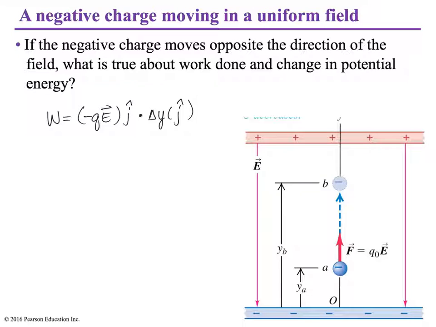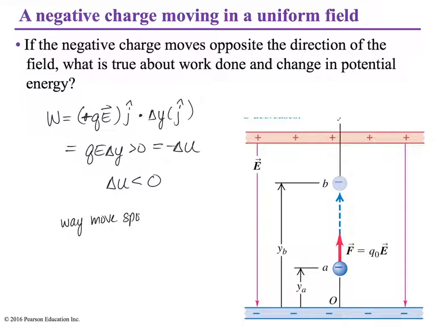So the force that it feels is going to be in the upward direction. Oh, sorry, I got too many. So the force is going to be in the upward direction, and then the displacement is in the upward direction. And so the work done is positive. And so the change in potential energy is actually less than 0. Again, this is the way it would move spontaneously without any external force.